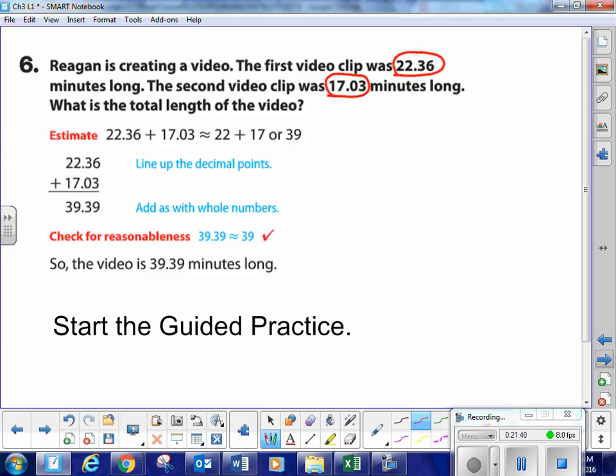Okay? The next thing is underline. Sorry. I apologize. Hold on. Underline the question. Okay? The question is, what is the total length of the video? Okay? The next thing that we need to do is box any math action words. Okay?